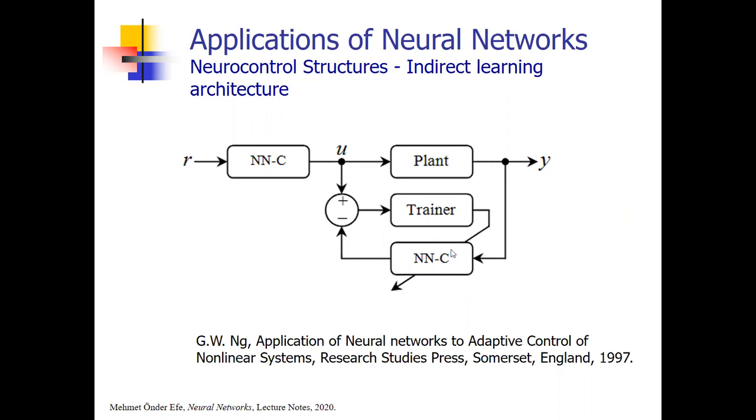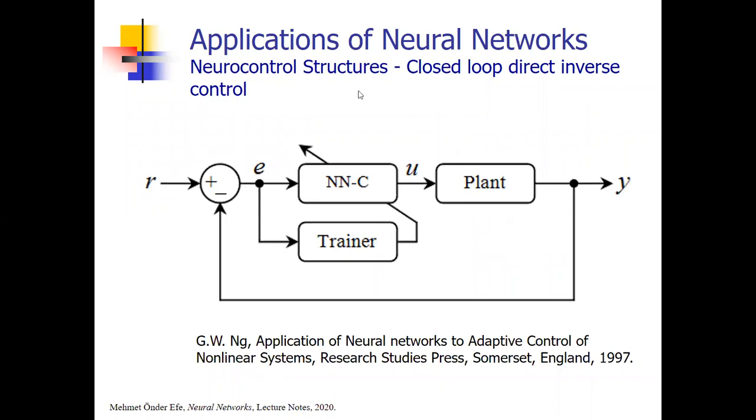You tune the controller here and use it right there. So you take the output as an input to your controller to reproduce the control signal, and this trainer tunes your controller, and you copy the parameters of your controller to this place to obtain a control mechanism. This is also known as the indirect learning architecture, which is based on the inverse of your plant dynamics, which is typically difficult in most applications.